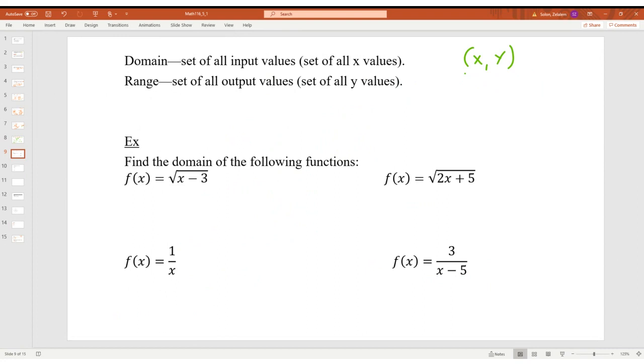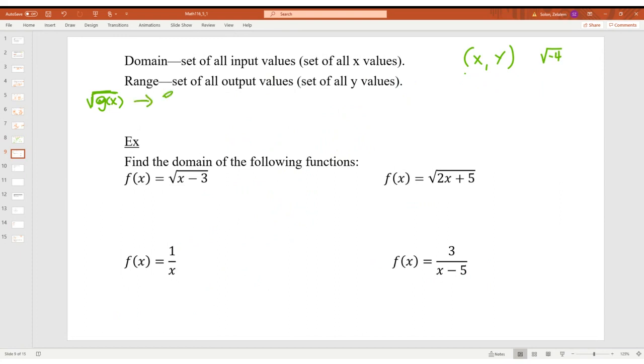One, square root. So if you have a square root of, let's say, g of x, the expression inside the square root cannot be negative. Because if it is negative, it becomes undefined. For example, square root of -4 is an imaginary number, it's undefined. So g of x cannot be negative.